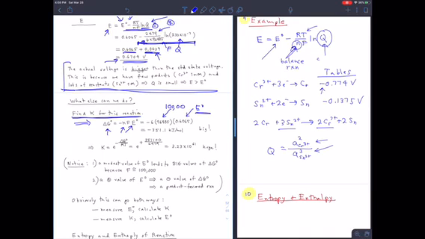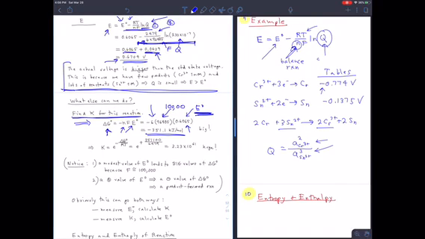It is a generally true thing that relatively modest cell voltages, so this is only 0.6 of a volt, not a great big cell voltage, gets multiplied by 100,000 and then gets multiplied by 6 because our N value is 6, gives you a great big delta G, standard state delta G value for this reaction.